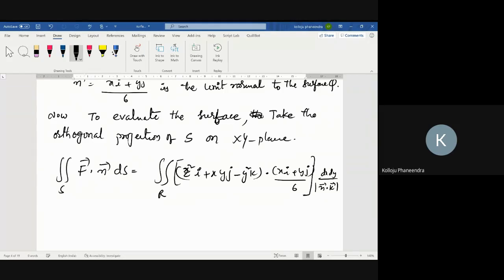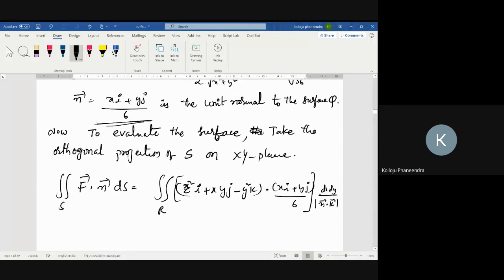But what is n bar here? Clearly n bar is this one. If I take the dot product with k bar, what is this value? It becomes 0. I'm not cancelling this; that would be a wrong statement, so keep it in brackets.